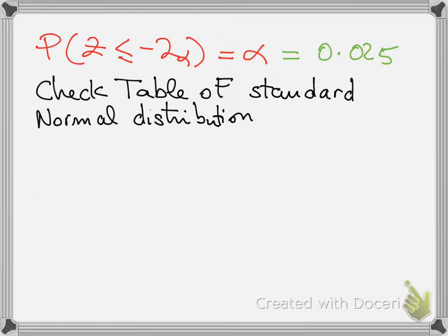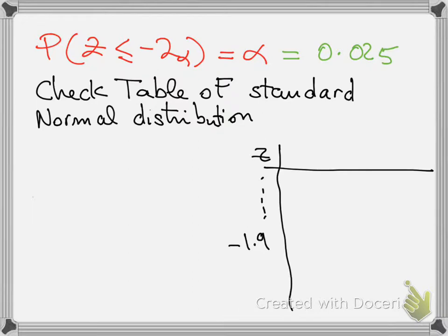Okay, and you can see here's your Z. Let's say you have negative 1.9 here, to the 10th, and here to the 100th, let's say 0.06, and so this value here. So here you can find 0.025.